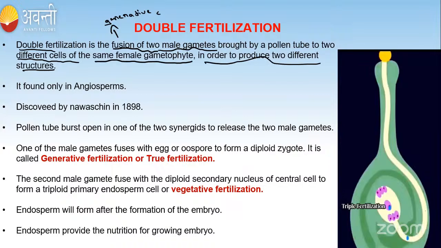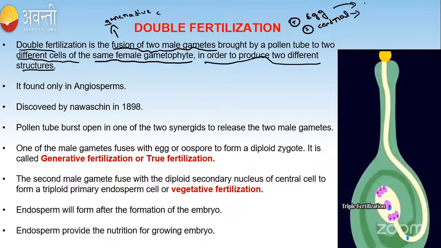Which are the two different cells here? One is the egg cell and another one is the central cell, right? It is bringing one male gamete to the egg cell and another to the central cell. Two different cells, right?